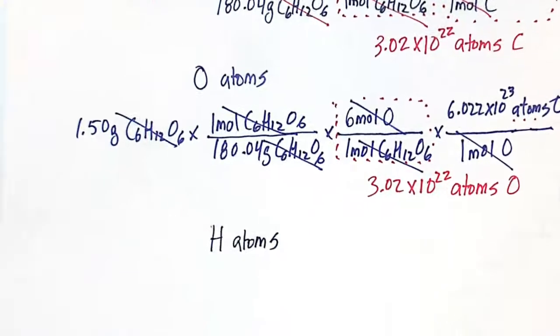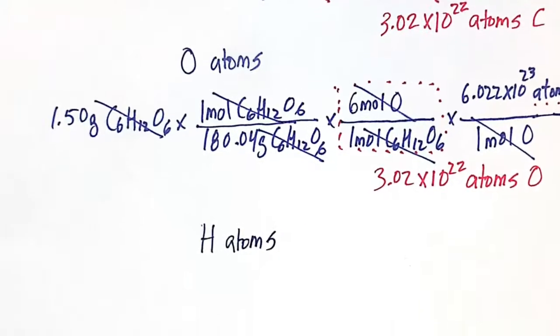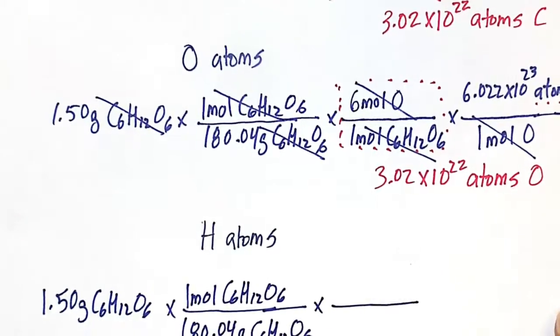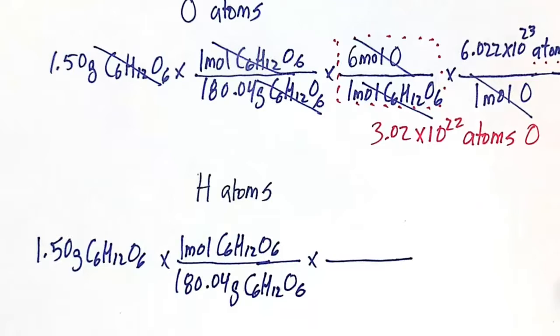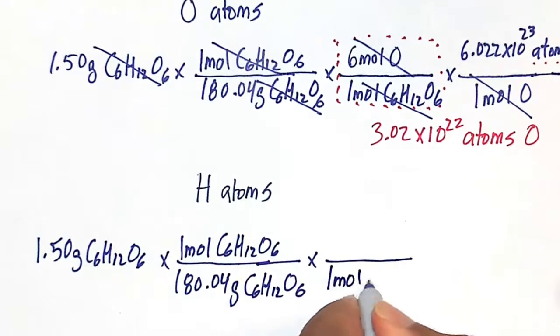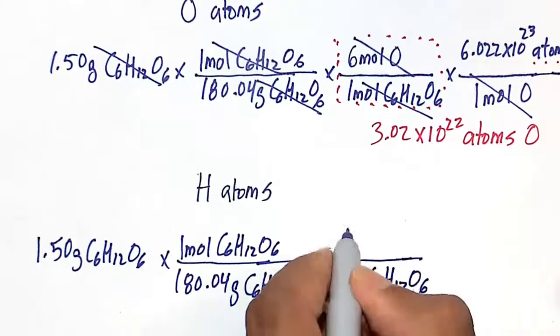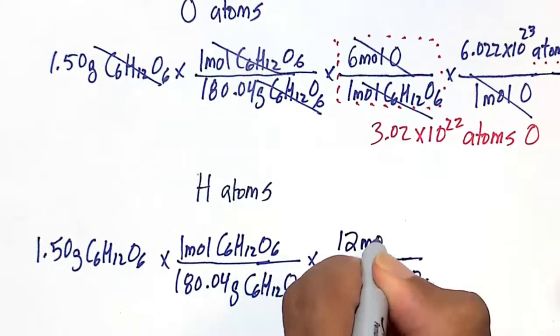Okay? So start with what we are given, and we're given 1.5 grams of glucose. We will convert it to moles of glucose so that our grams of glucose given to us cancel out. Again, our crucial step is the part-whole relationship. So for every 1 mole of glucose, C6H12O6, we actually have 12 moles of hydrogen.